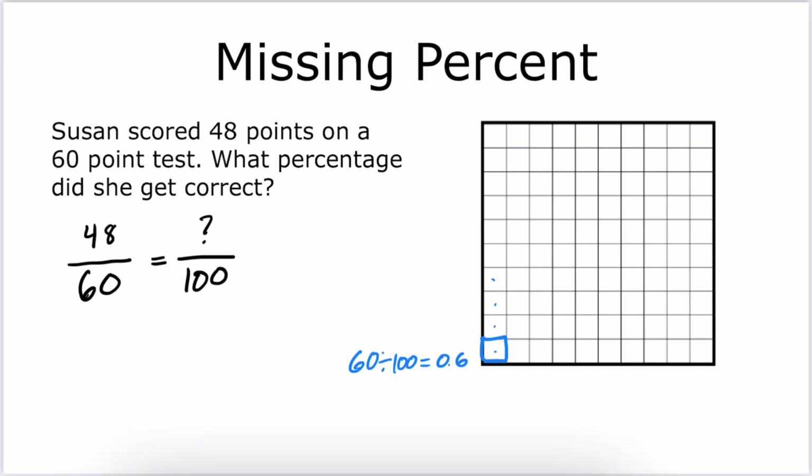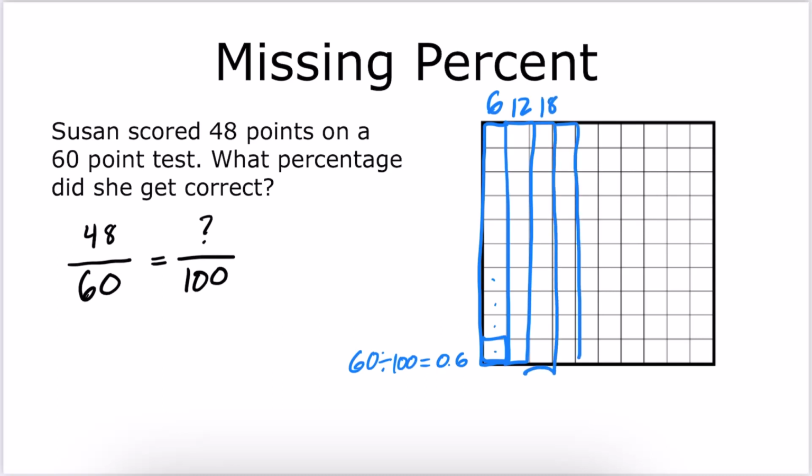So what I would do is I would do it in groups of 10 because I would say, okay, well, if I have 10 of these squares where each little square is worth 0.6 of a point, that means that 10 of them equals 6 points. So you'd have 6 points in that column, then you'd have 12 points when you add in this column, then you'd have 18 points, and the next one would be 24 points.